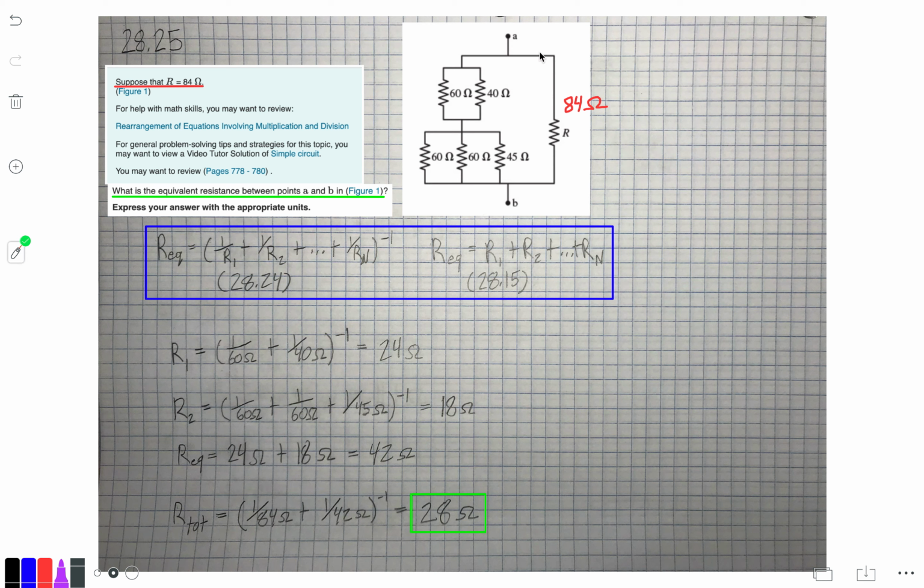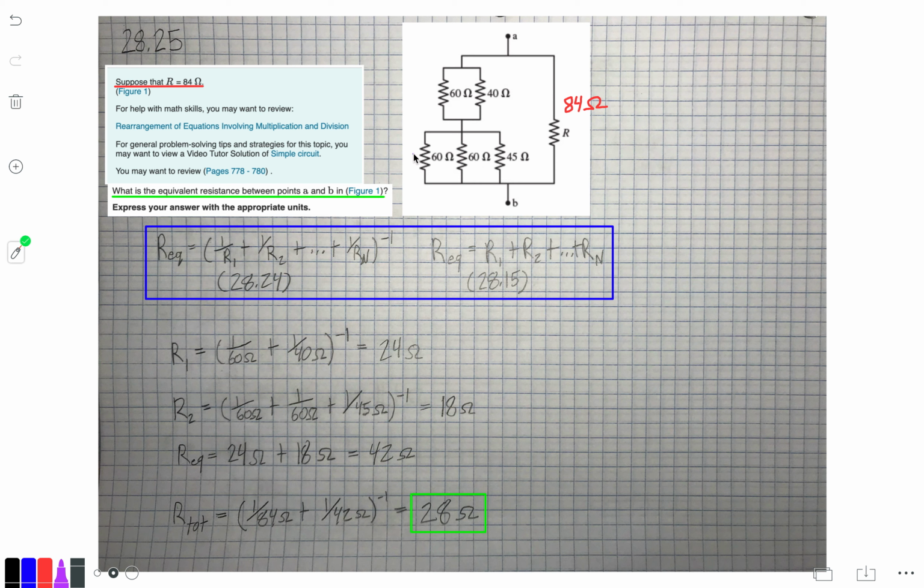Just starting off, the way I started this problem is I noted that this right here is going to be parallel resistors, just because they're not in a row. So we have these two parallel resistors, and then moving downward we have these three resistors all in parallel.